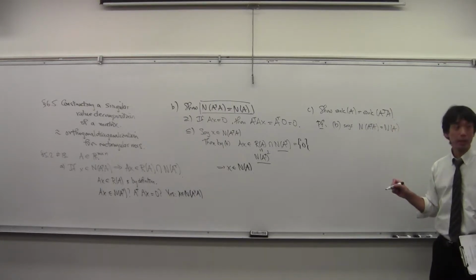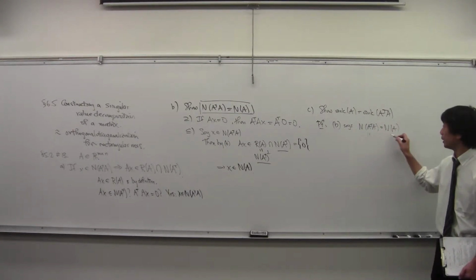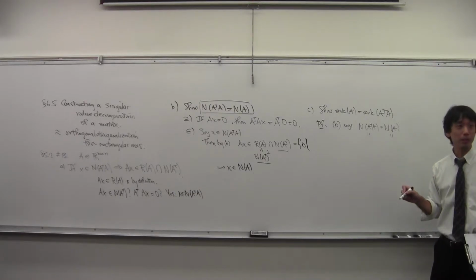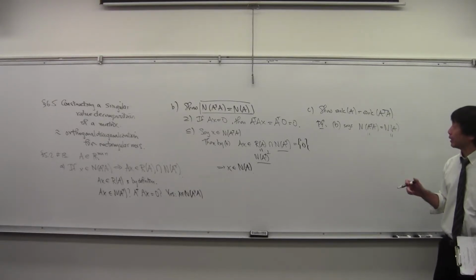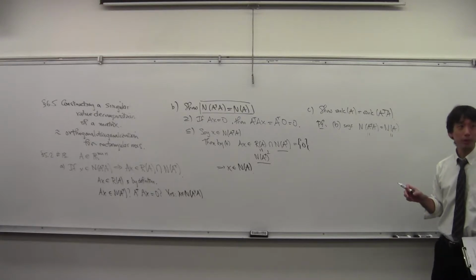Take 10 seconds and write down what the fundamental subspace theorem says about each of these things. The null space of ATA equals the null space of A, then what do you know?